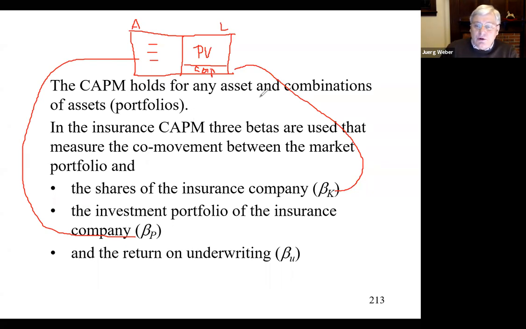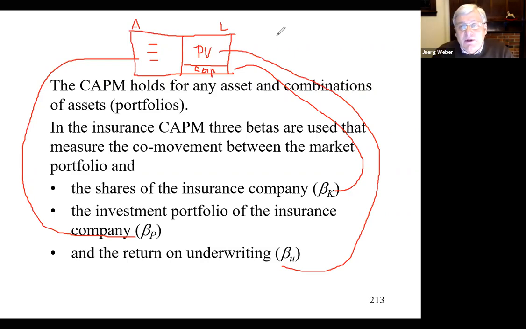And beta U is related here to those liabilities of the insurance company. The insurance company has liabilities toward the insurance buyers because it has underwritten insurance contracts. So that's coming from the underwriting business.